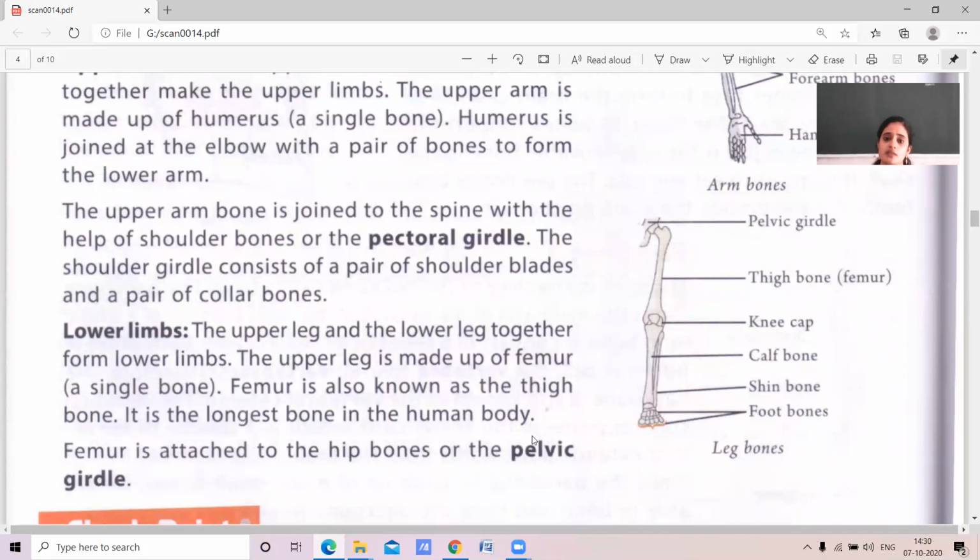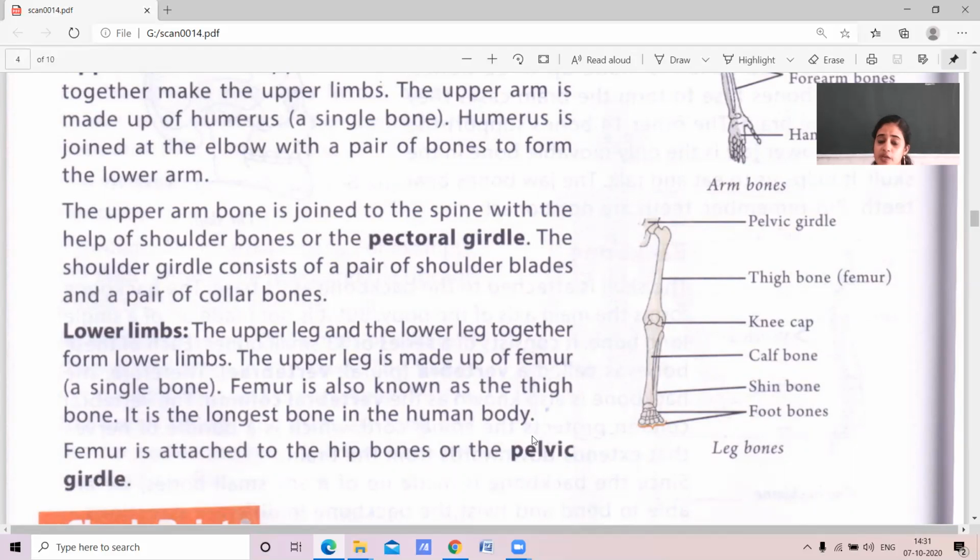Then the upper arm bone is joined to the spine with the help of the shoulder bone or the pectoral girdle. This shoulder girdle consists of a pair of shoulder blades and a pair of collar bones. And the lower limbs: the upper leg and the lower leg together form the lower limbs.